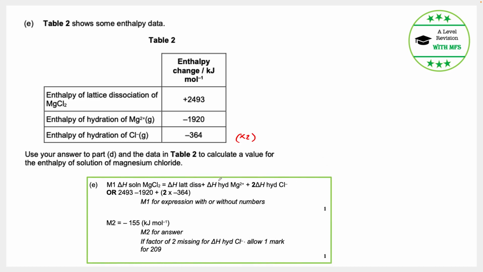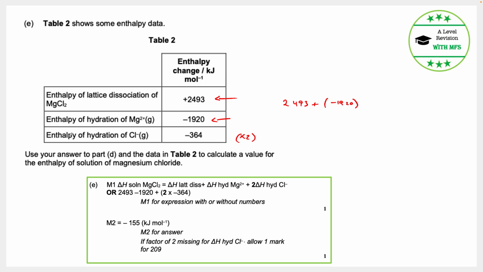Okay, so the lattice dissociation is just this value over here, which is 2493. So we've got 2493, and then we need to add the enthalpy of hydration of magnesium ions, and because there's only one magnesium ion, we can just plug that into our equation. I always like to put in brackets just so I know what's what, like that.